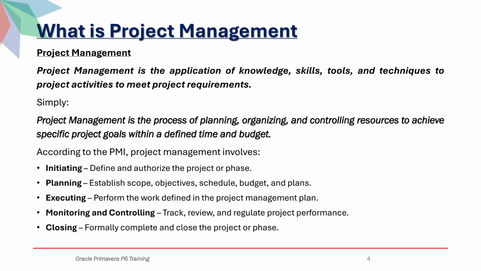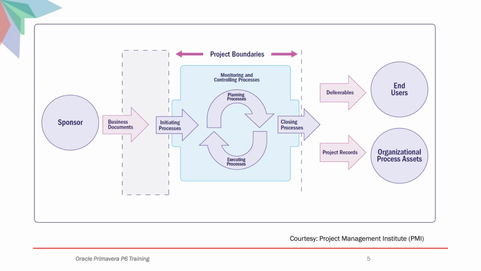Project management is the application of knowledge, skills, tools, and techniques to project activities to meet project requirements. Simply, project management is the process of planning, organizing, and controlling resources to achieve specific project goals within a defined time and budget. According to the PMI, project management involves initiating: define and authorize the project or phase.